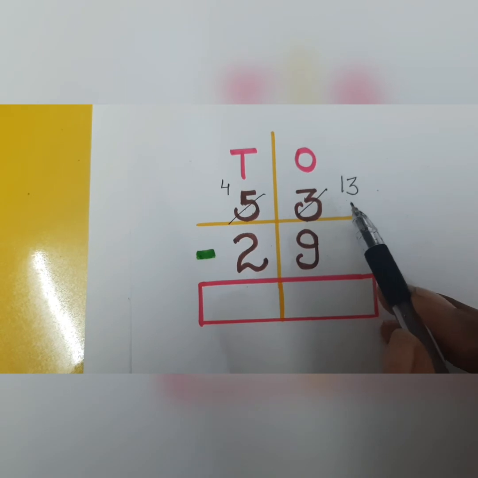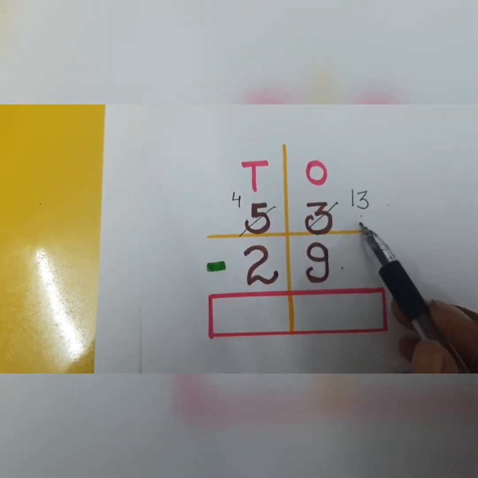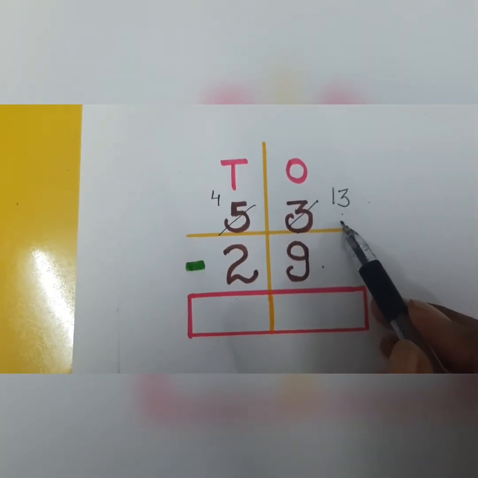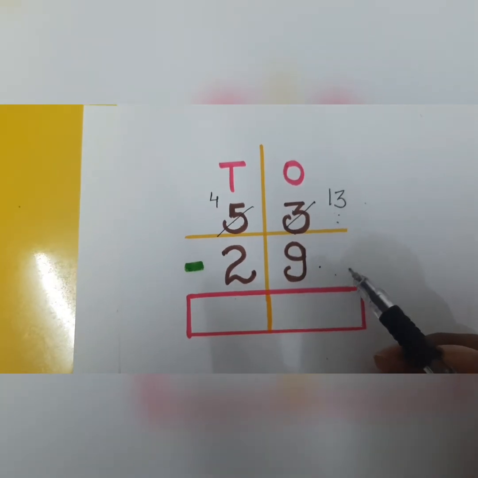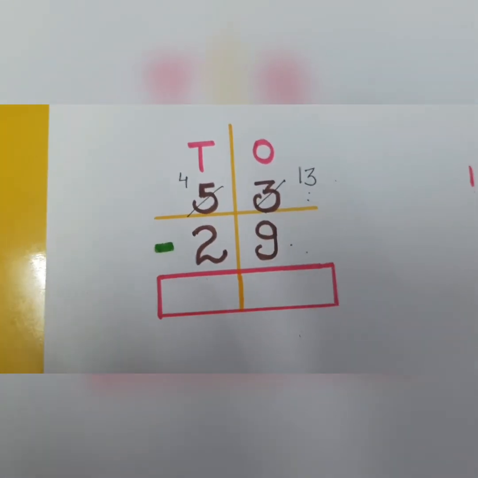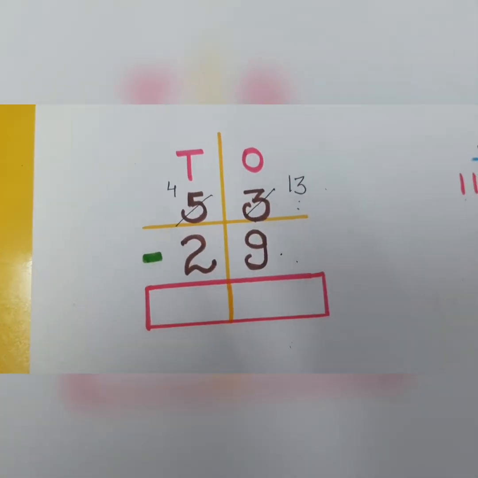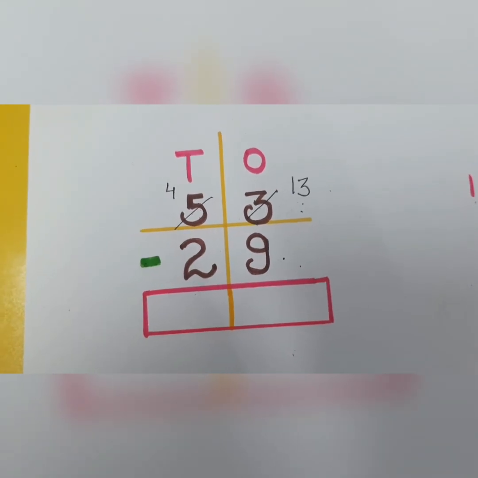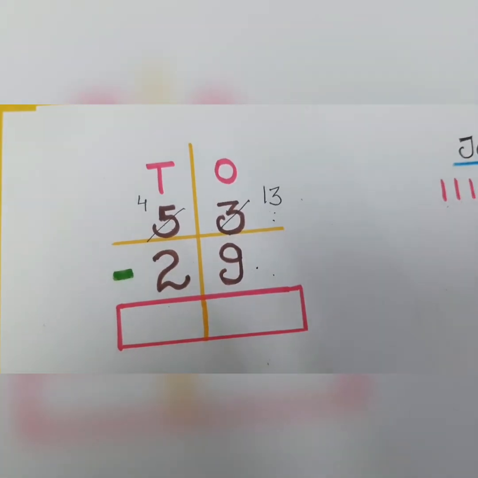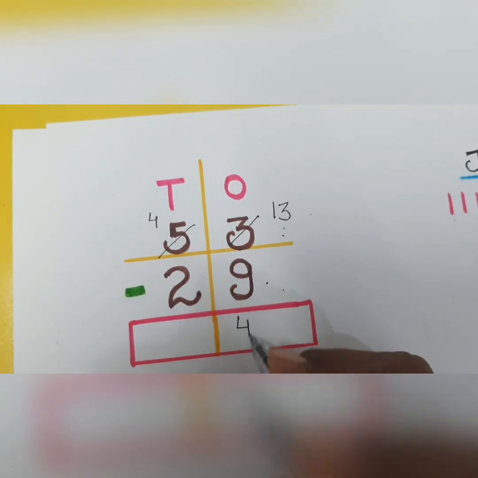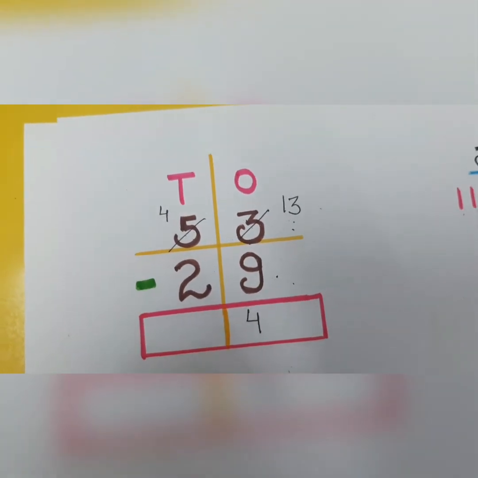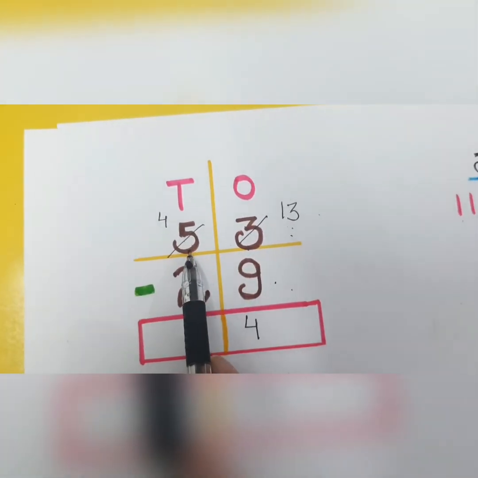Now you will subtract 9 from 13. So 13 minus 9, you can count on your fingers, or you can draw the lines and subtract. So 13 minus 9 is 4. Okay, now moving on to tens place.